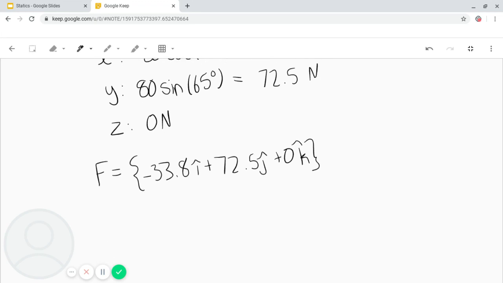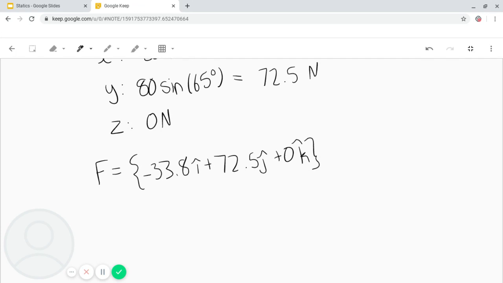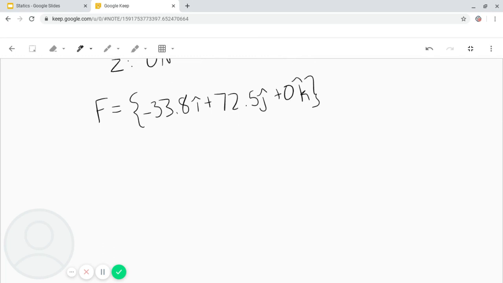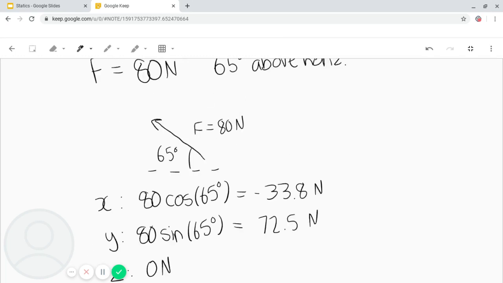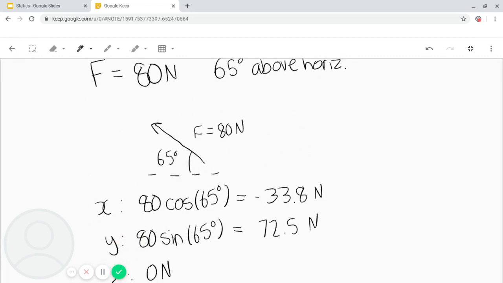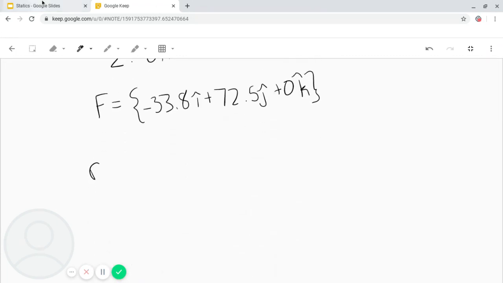Okay, so then we want to find the position vector from the point of rotation to the point on the line of action of F. That's fairly simple to find, so I'm going to call that R. Oh, sorry, I'll go back to this.